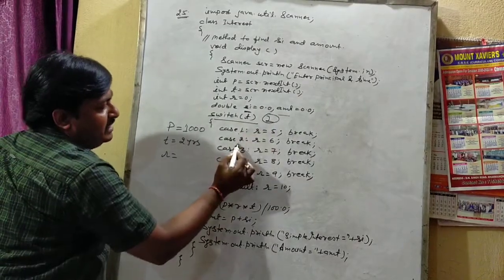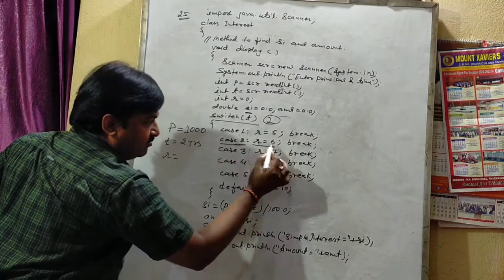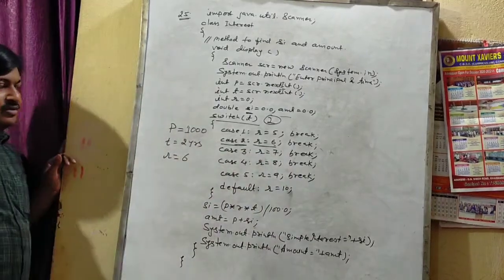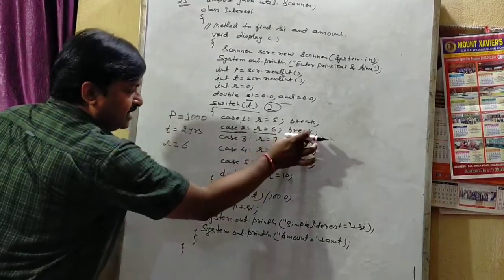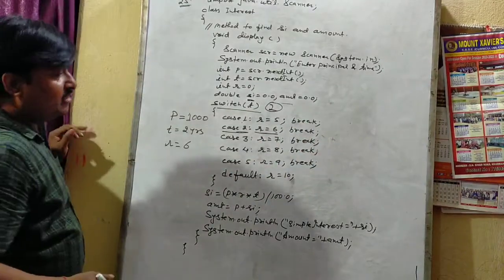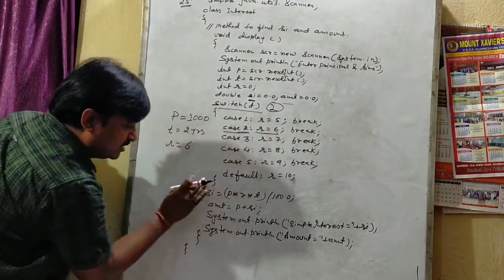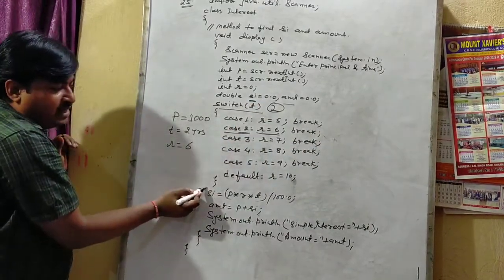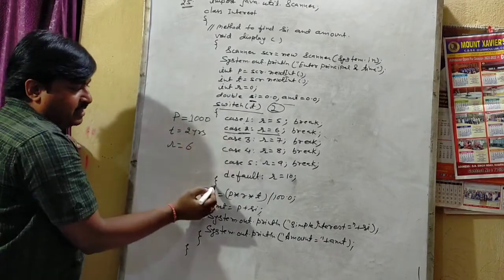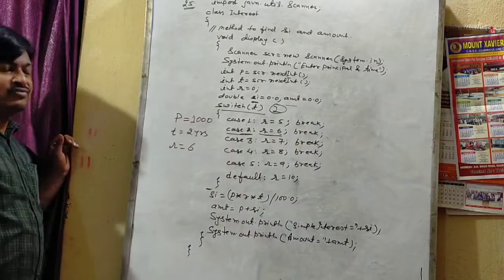Again it will match with case number 2, a match is found, therefore this line will be executed: R equal to 6, and the break statement. The break keyword is used as the terminator of switch. Therefore this break will transfer the control outside the switch. The control moves out of the switch block.